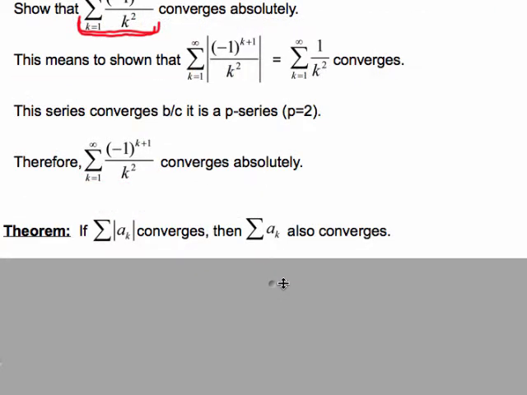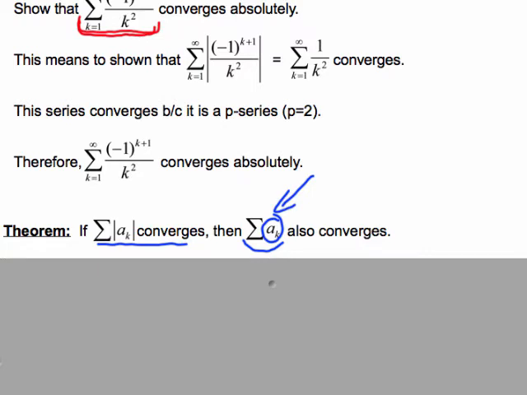And that brings us to this very important theorem, which says that if you can show that the series of positive terms converges, that will mean that the original series converges. And this is a powerful theorem because the series that we're talking about here is a series of any type. It doesn't necessarily have to be a series of positive terms or alternating terms.